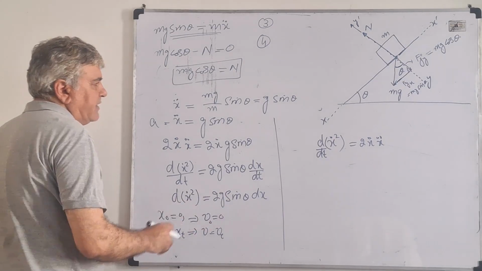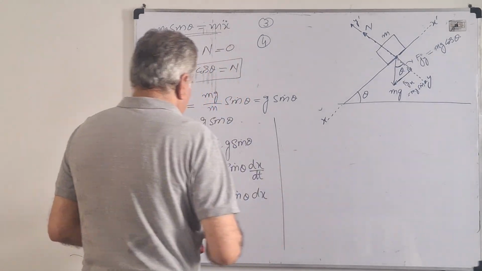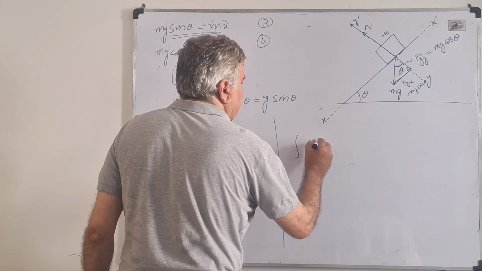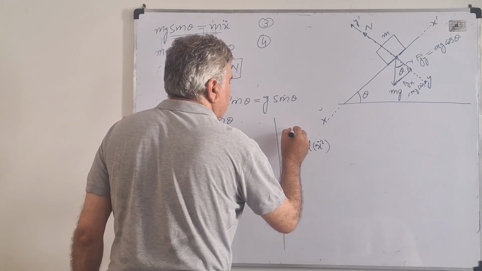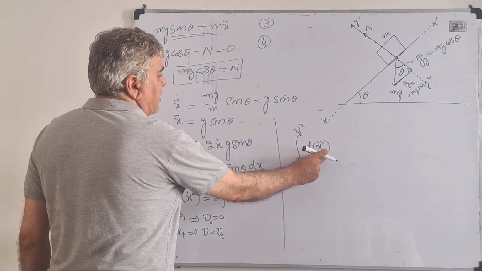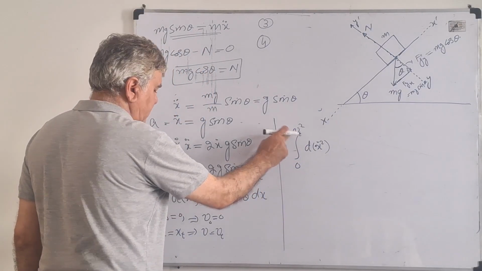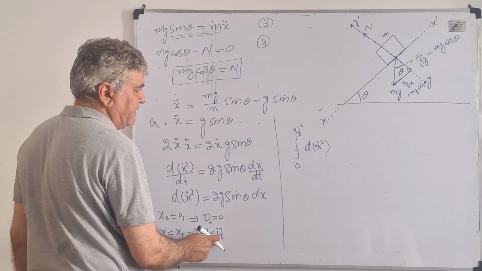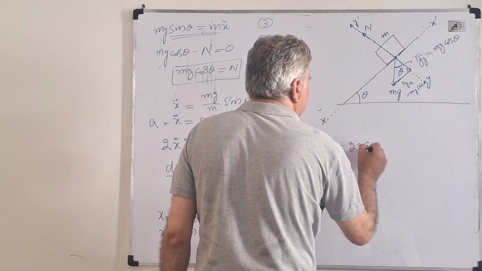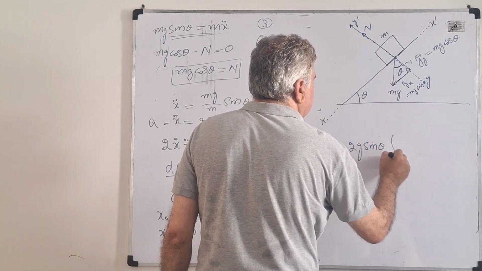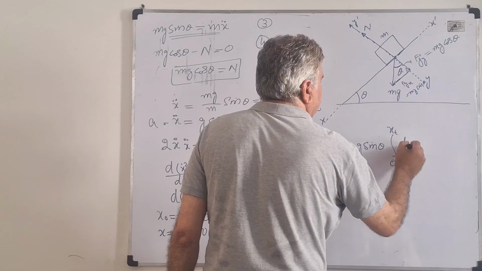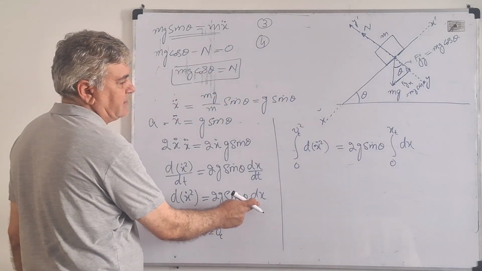Then I can integrate this equation between the limits, d x dot squared from 0 to vt squared, because I'm differentiating x dot squared, therefore the limit must be vt squared. And this would be equal to 2g sine theta integral from 0 to x sub t dx. Right? I'm integrating this thing.